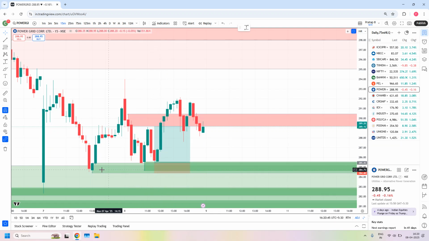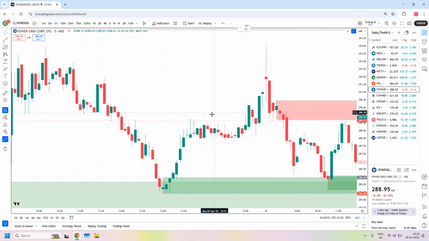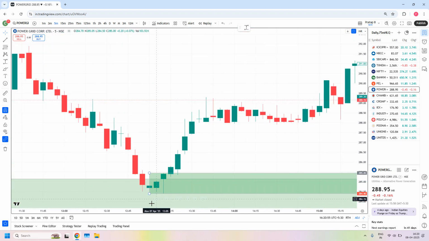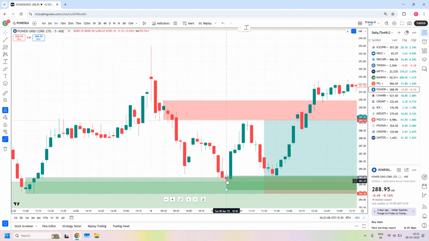But if you look into this drop base rally, the 5 minute structure is not very clear. If you would have considered this as a failed ERC rally candle, maybe you might have drawn a drop base rally that way and taken a trade in this candle at 10:45.